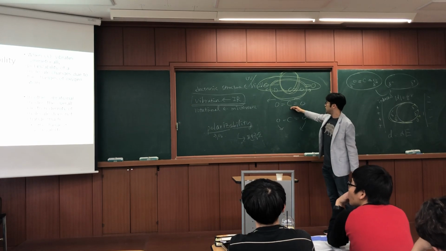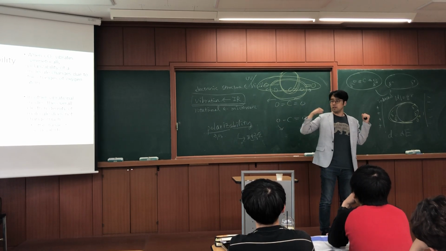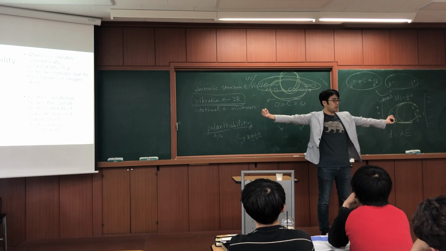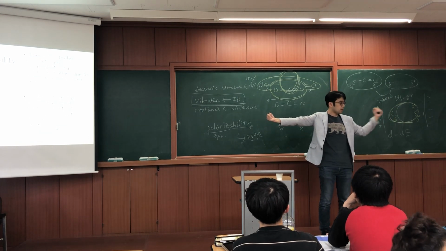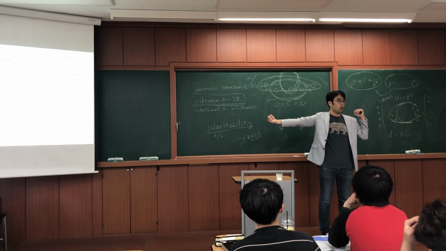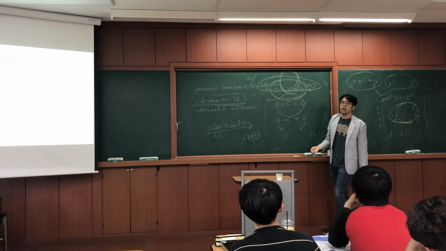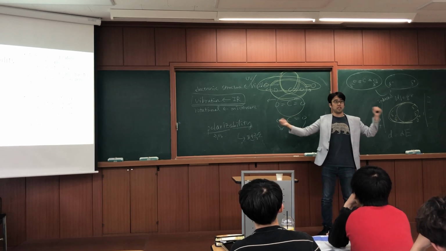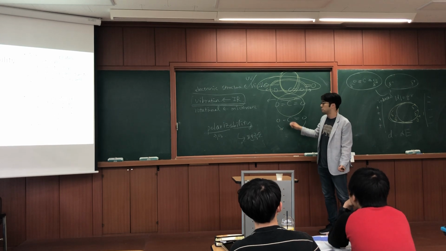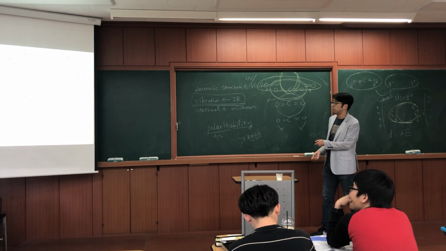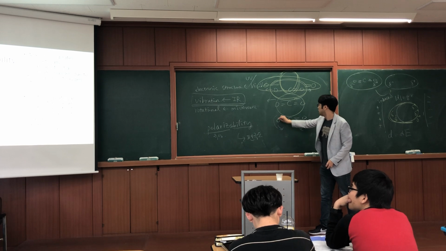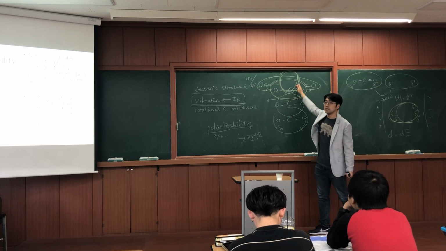But for this vibration, since one oxygen stretches but one oxygen contracts, the whole electron density around here doesn't change a lot. Also in this case, the whole shape of electron density doesn't change that much, compared to this one.